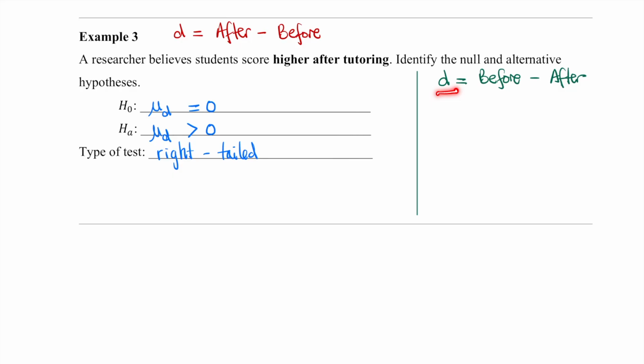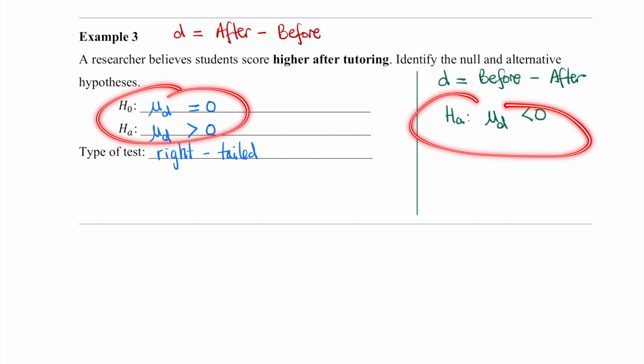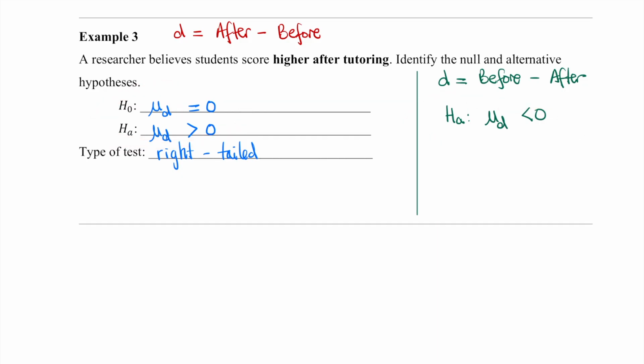So the alternative hypothesis would become mu sub d is less than 0. Notice that both methods are correct. The only thing that changes is the direction of the alternative hypothesis. As long as your hypotheses match the way you define the differences, you reach the same statistical conclusion.